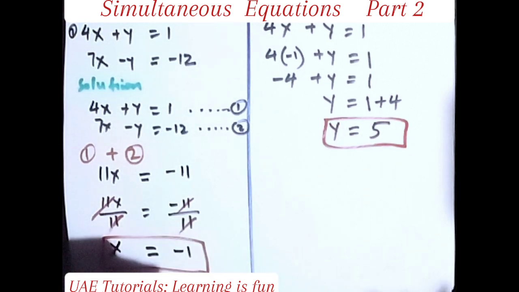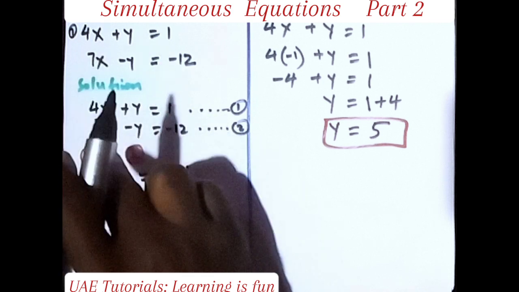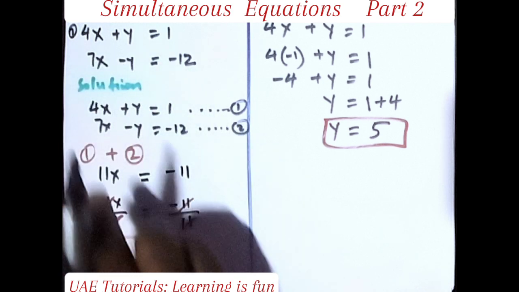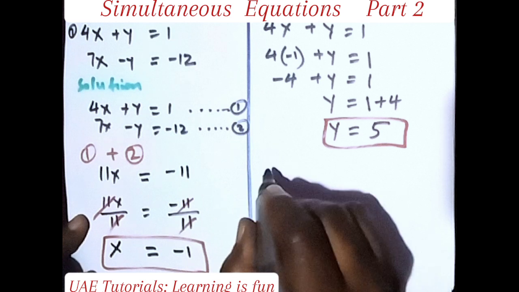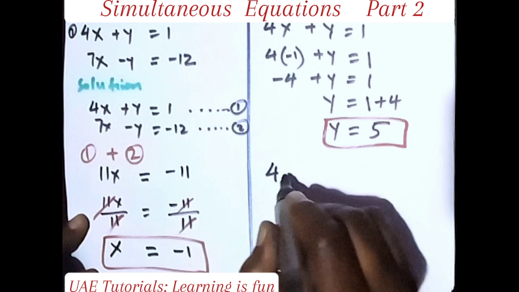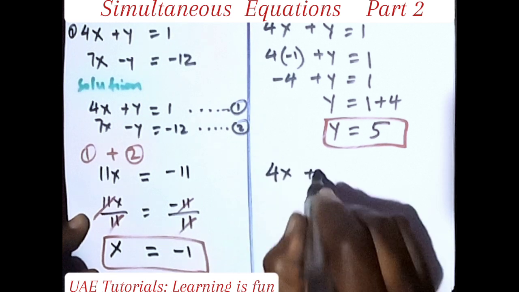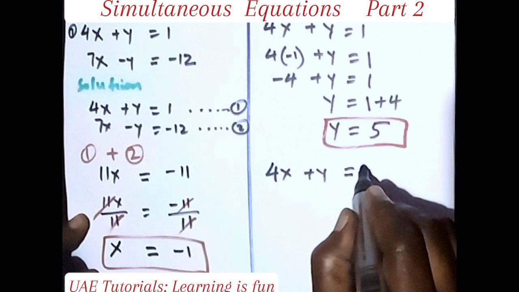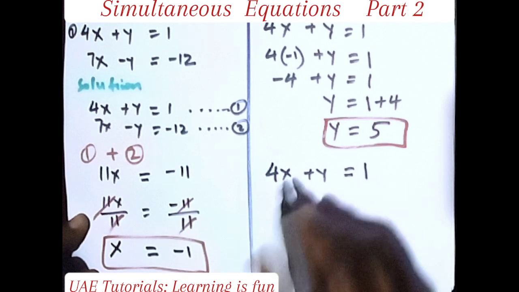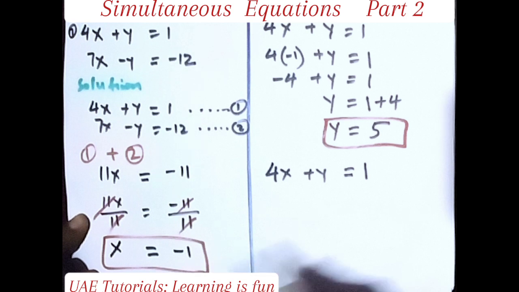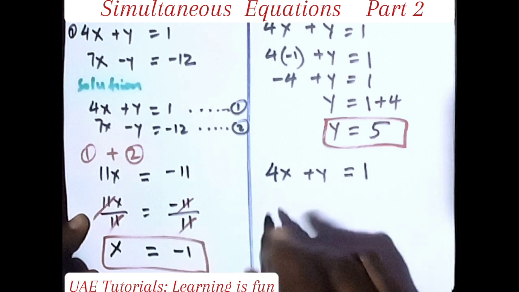But we don't have to stop here. Let us confirm if these two answers we got satisfy the original equations. So we will take the original equation 4x plus y equals 1. That means anywhere we see x, we plug in minus 1, and anywhere we see y, we plug in 5.